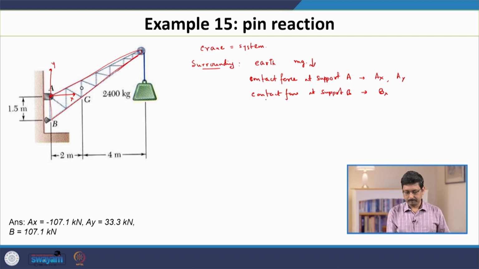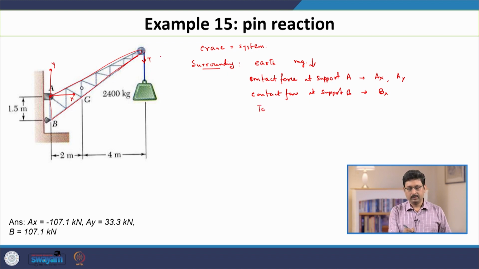Now, is there any other force on the crane? Yes. On the other side of the crane there is a rope, and this rope is exerting a force downward, and that is the tension in the rope.